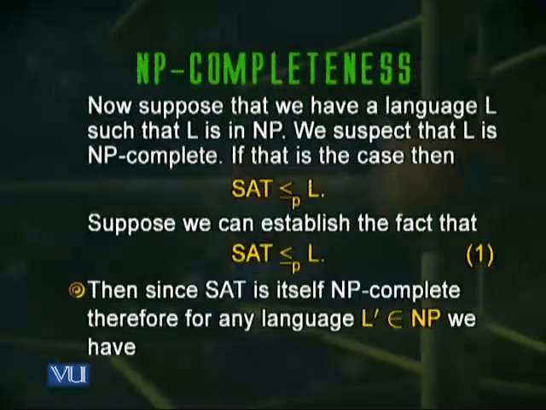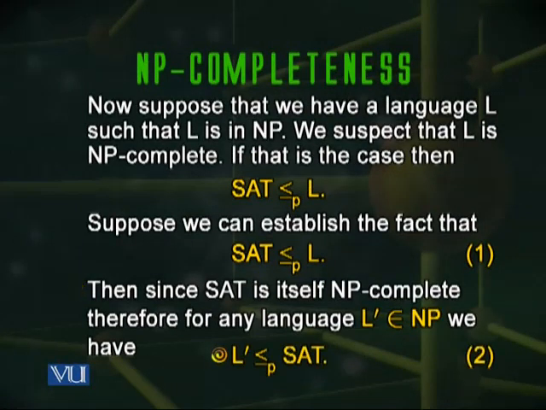So, we come up with one reducibility from satisfiability, which is one concrete problem, to this new language L. Then since SAT itself is NP-complete, for any language L prime in NP, we would have L prime is reducible to SAT.